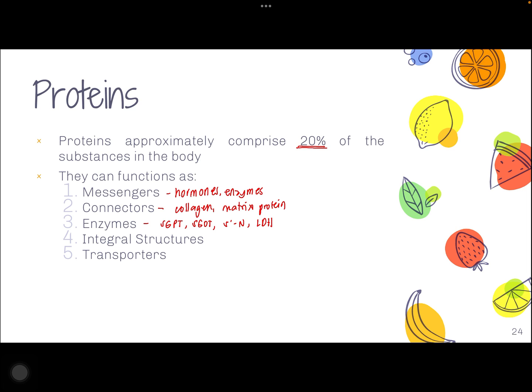You have integral structures such as keratin and collagen, and then transporters such as your ligands; messengers are also transporters. An example of this is your Janus kinases, the JAK pathway, which is protein mediated.